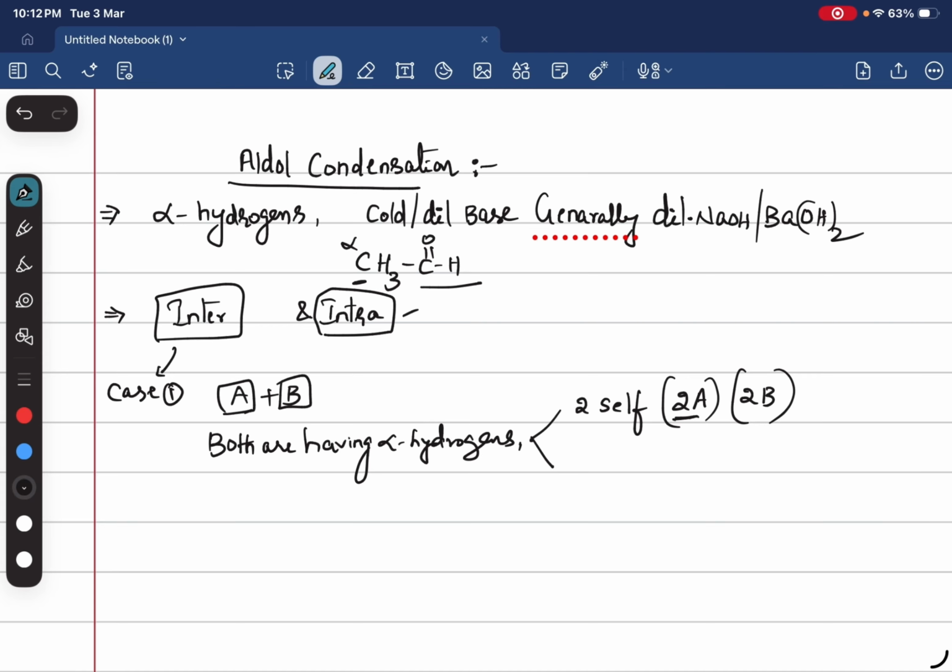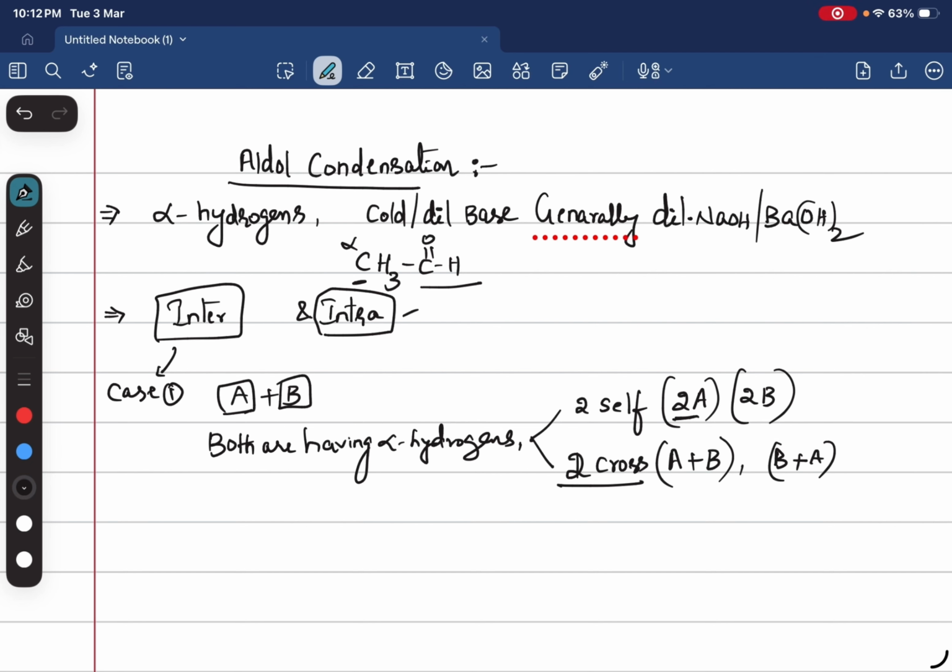Similarly, two cross reactions are also possible. In the first step A is involved and in the second step B is involved. This is one possibility. In the same way, one more cross product: in the first step B is involved, in the second step A is involved.